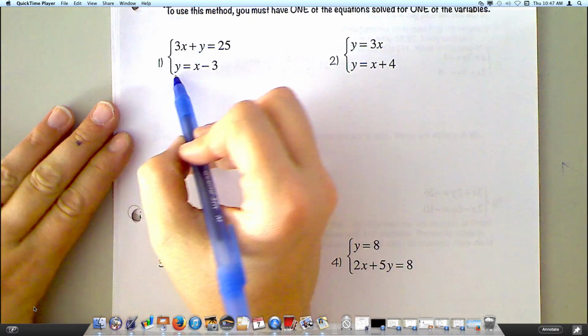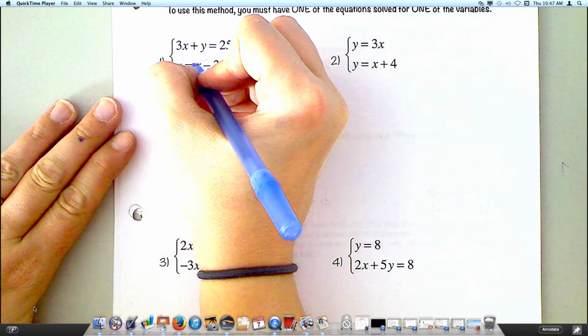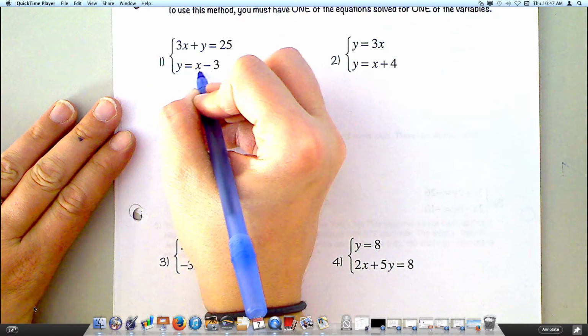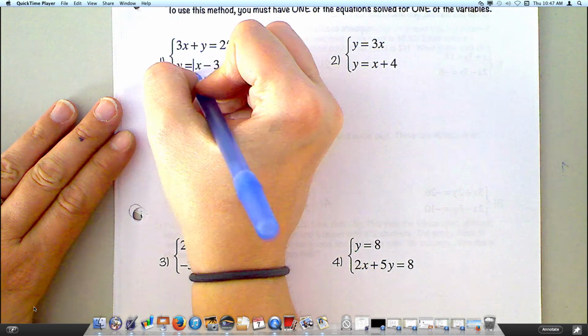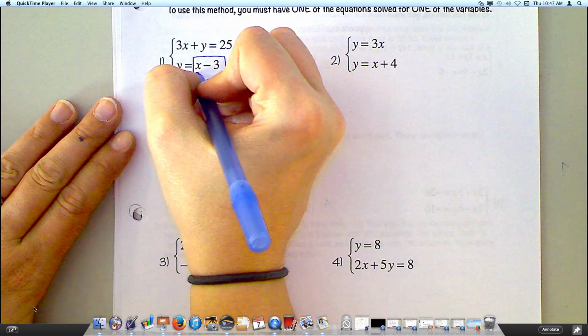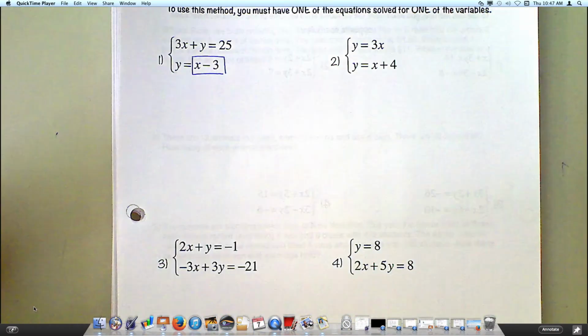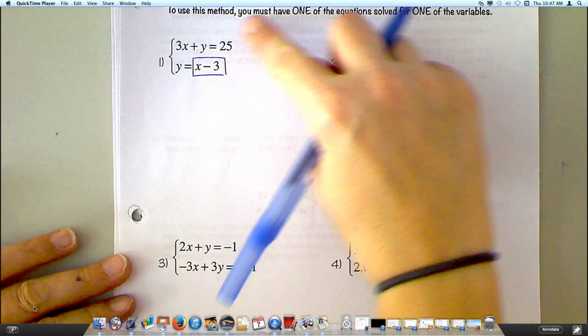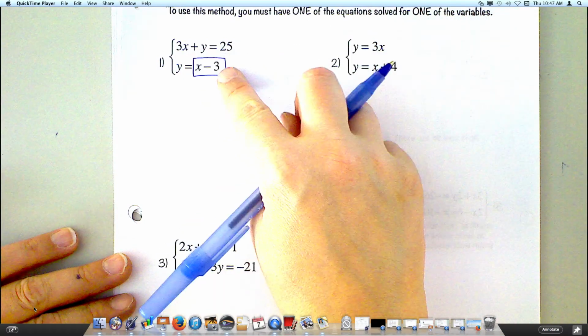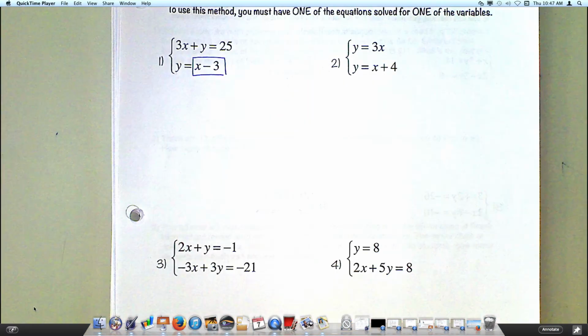So here's what the point of this is. If I'm saying y equals x minus 3, really what I'm saying is y is the same thing as x minus 3. Okay? So up in that top equation, if y is the same thing as x minus 3, they're interchangeable.